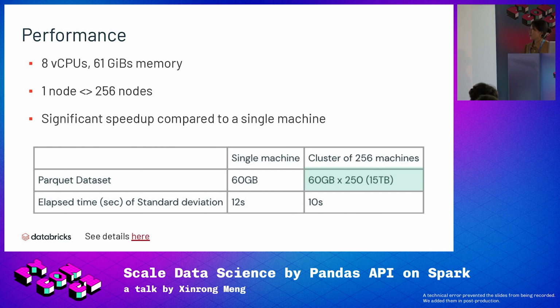The speedup when compared to a single machine is also significant. For instance, in the standard deviation benchmark, a cluster of 256 machines can handle about 250 times more data than a single node in about the same duration. All nodes in this test have the same configuration as mentioned in the previous slide.